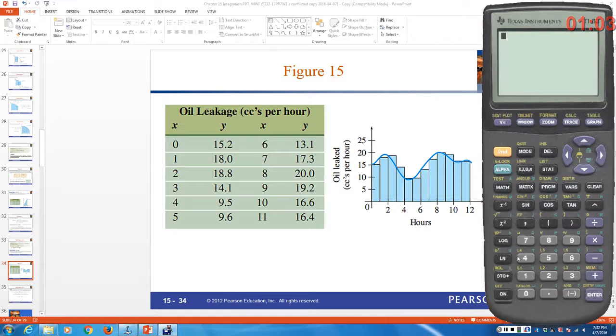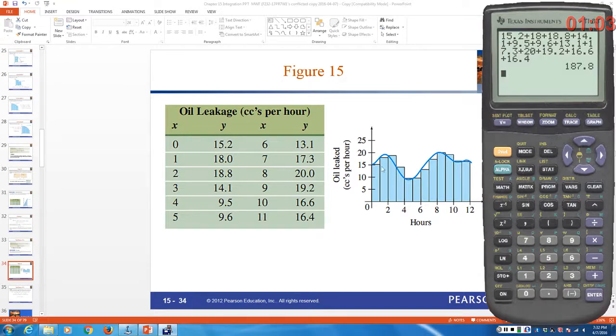So this is going to be 15.2 plus 18 plus 18.8 plus 14.1 plus 9.5 plus 9.6 plus 13.1 plus 17.3 plus 20 plus 19.2 plus 16.6 plus 16.4.